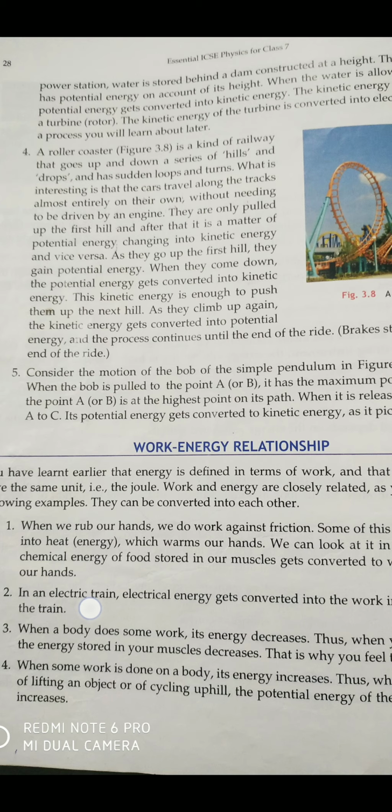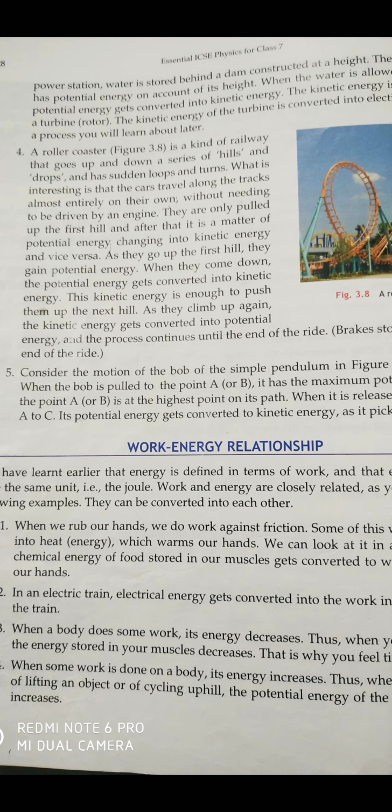So when it reaches there, it gains a lot of potential energy because of the height. Then when it falls from there, the potential energy is converted into kinetic energy. Then when it comes to the lowest point, what happens? Again, the kinetic energy will be converted into potential energy, and this process will be carried on.